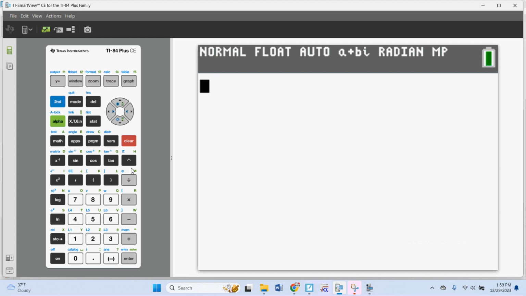So now let's go to the calculator. So we start off by putting our starting point in.